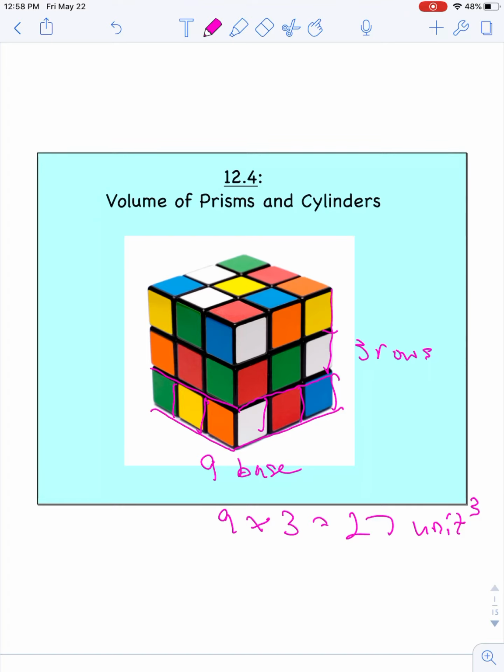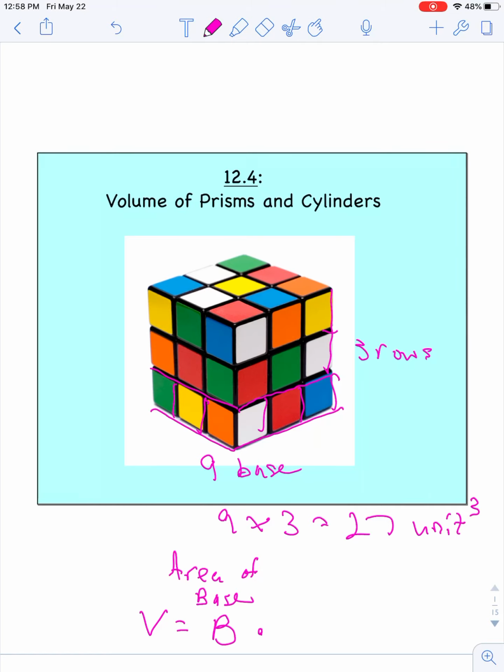So really, that's all there is to volume. No matter what shape the base is, you're going to calculate the area of that base, because that's going to give you how many unit cubes fit on that bottom layer. So we're going to use capital B to stand for the area of the base.